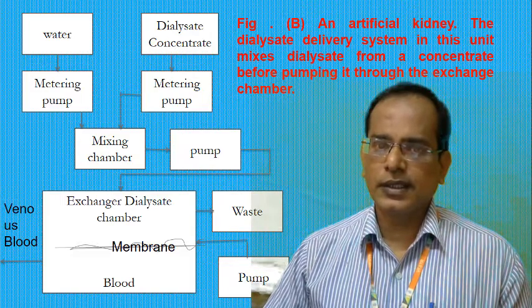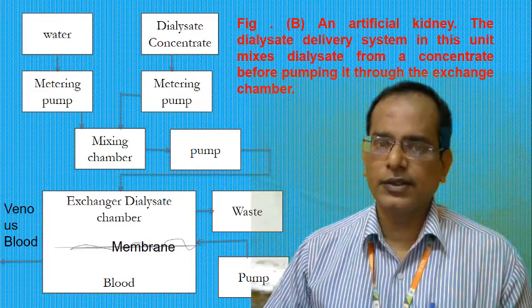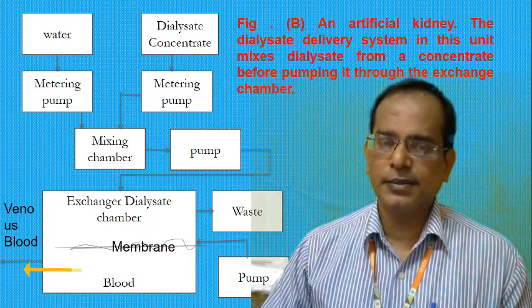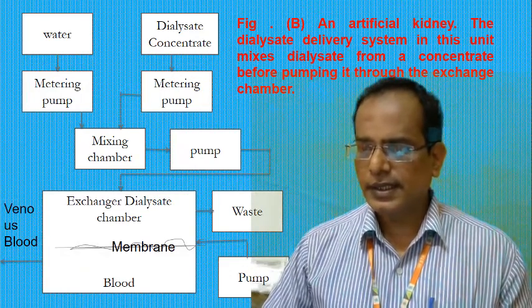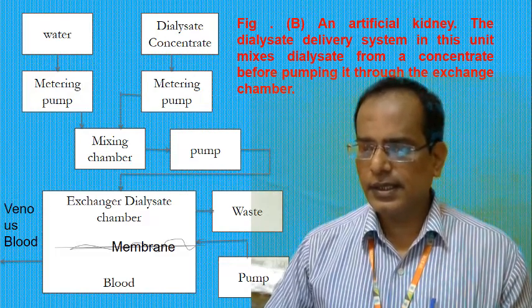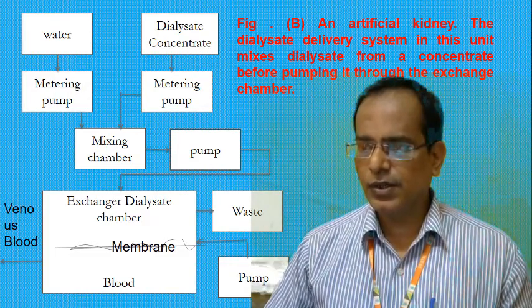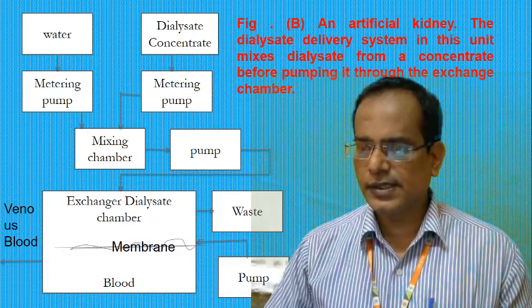So you are seeing that the clean blood is taken and given to the venous line. That blood is called venous blood. So here there are two basic component units: one is an exchanger, another one is a dialysate delivery system.